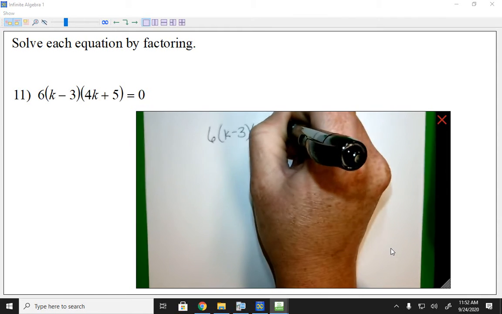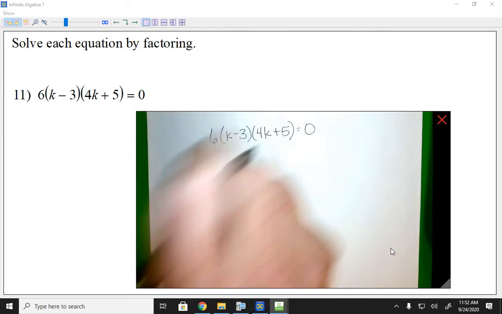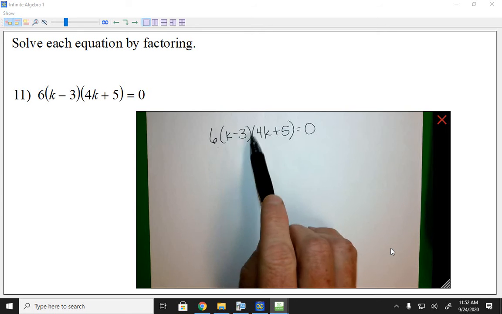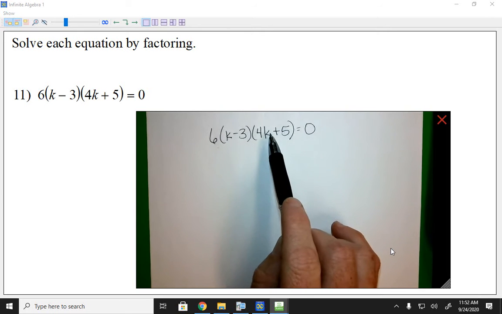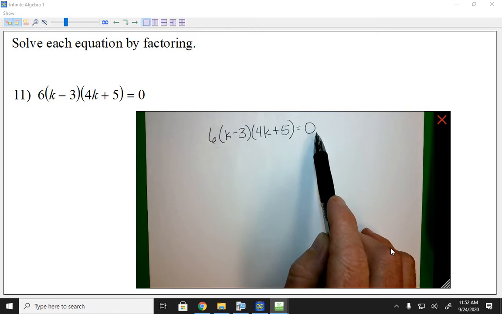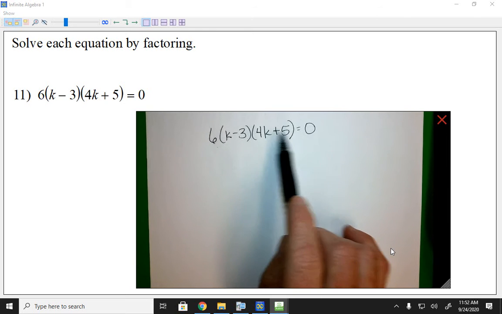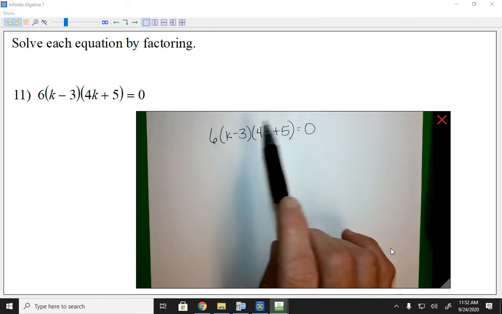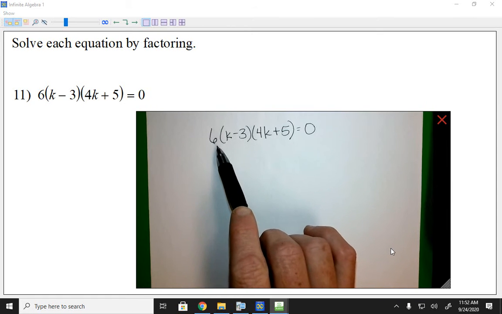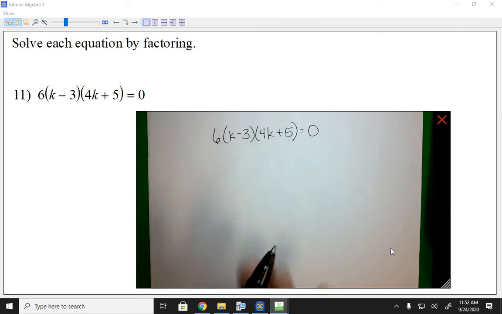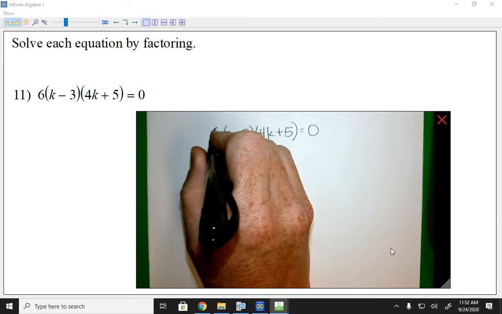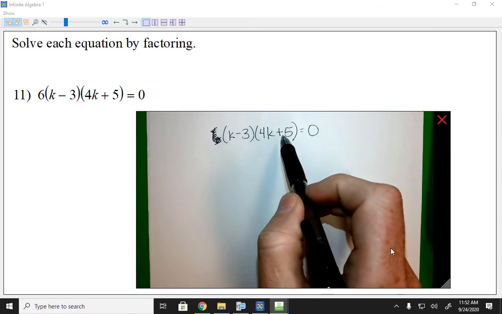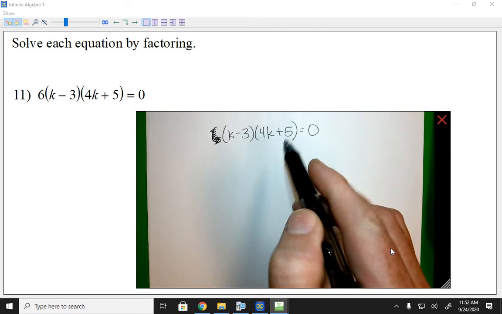And what that property says is anytime you have stuff being multiplied, so that's 6 times this stuff times this stuff, and it equals 0, that means one of these parts is going to equal 0. That's the only way you can get 0 when you multiply. Now we know 6 will never be 0, so I can kind of forget about that. Only if there's a variable am I worried. But these two are going to be equal to 0.